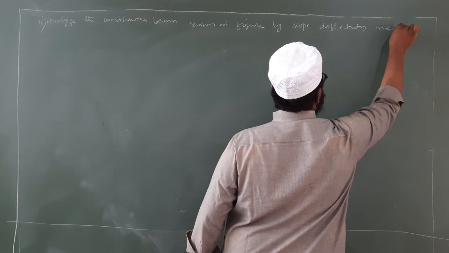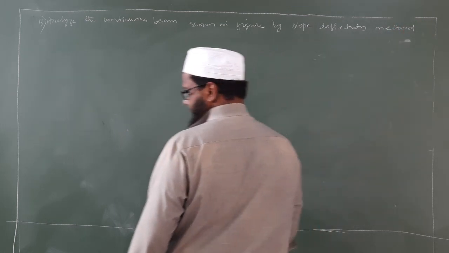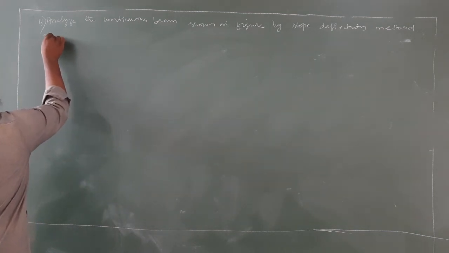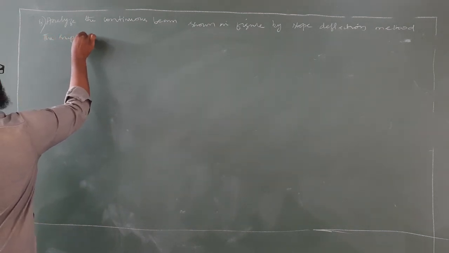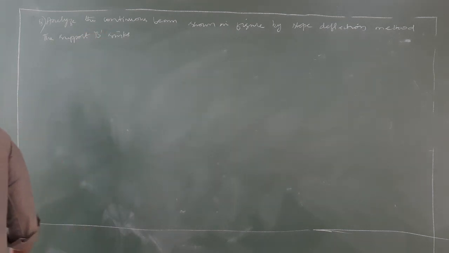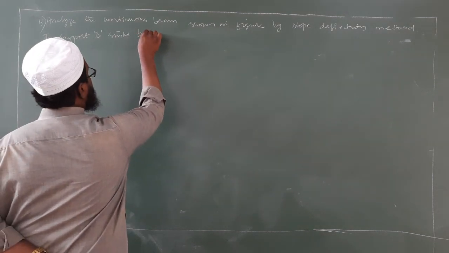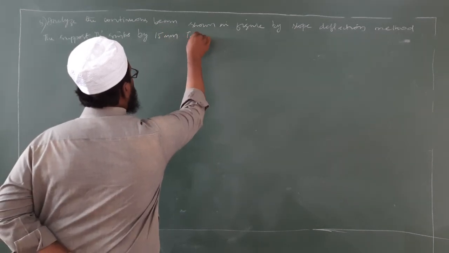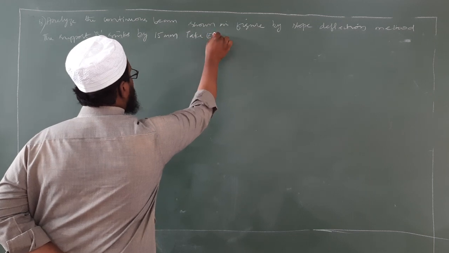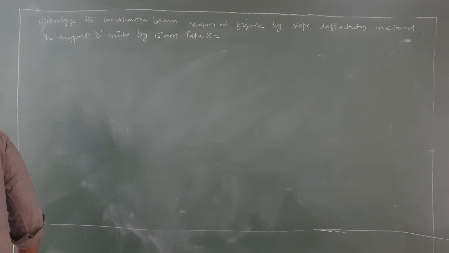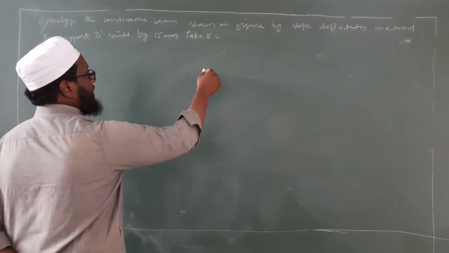The support B sinks by 15 mm. Here take E is equal to 200 into 10 power 5.